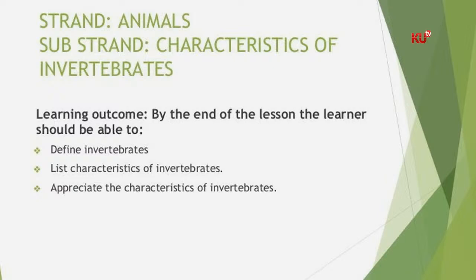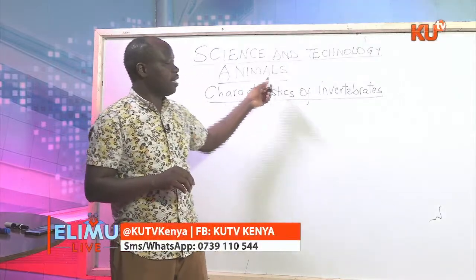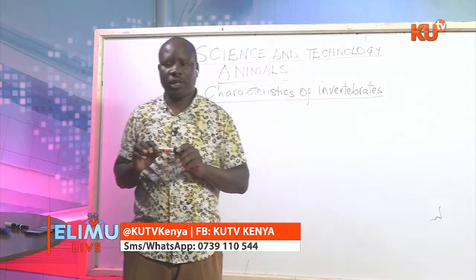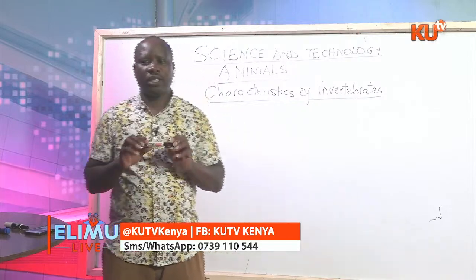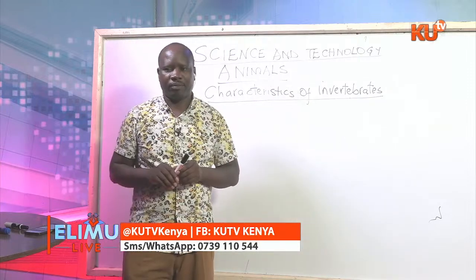For us to look at this topic of animals in grade 6, I would like us to remind ourselves what did we learn in this topic of animals, because we started with it in grade 1. But more importantly for today, I want us to remind ourselves what we did in grade 5 in the topic of animals.